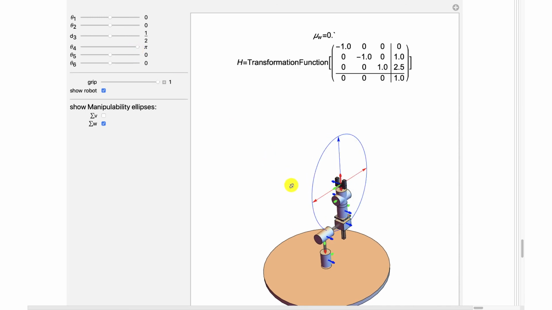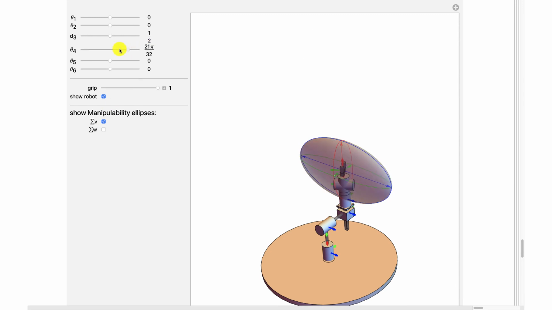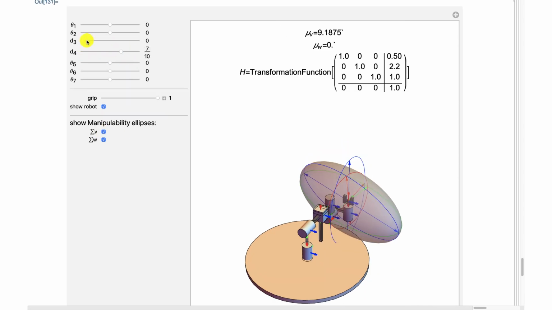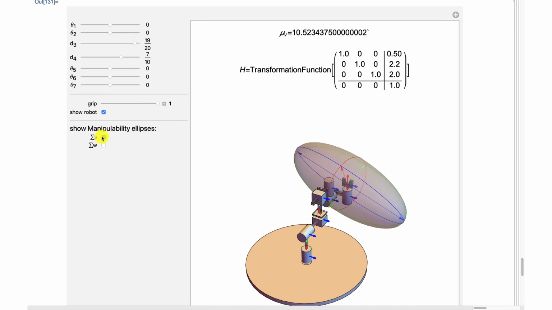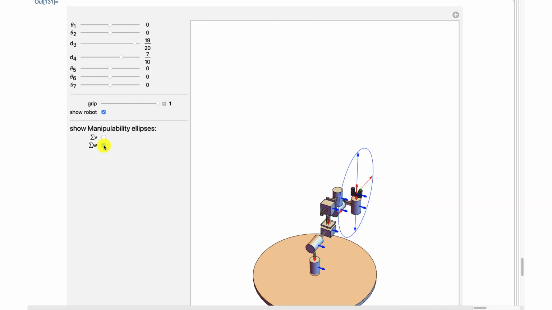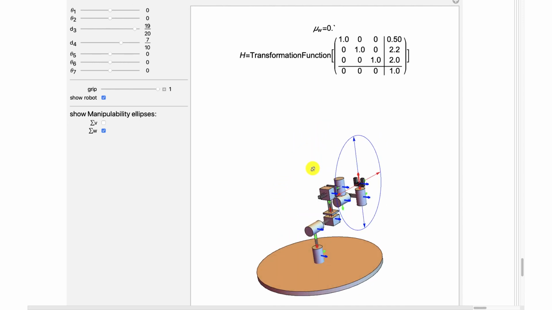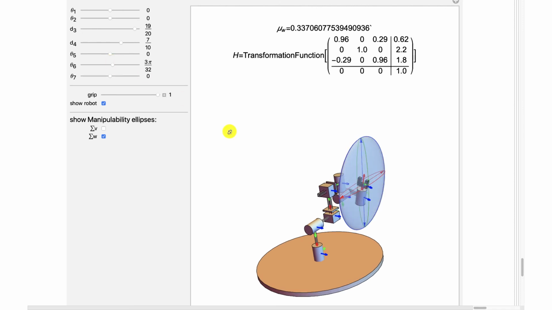So now you're here in one that is in for the angular velocity, and also for the linear velocity. So here, linear velocity is fine, but the angular velocity is in a singular position here. You can see we can easily escape this just by rotating one of our degrees of freedom a little bit. There we go. We're out of that singular position.